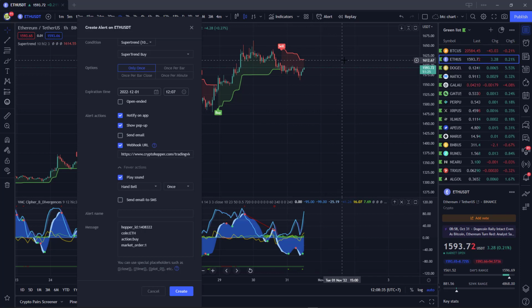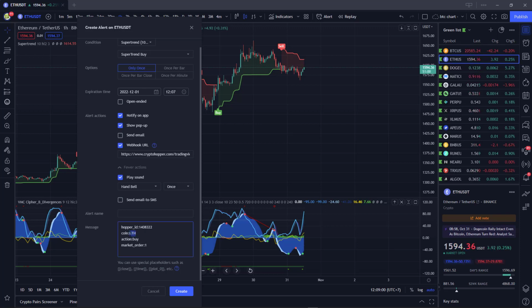Again, 16, 15-ish. It's got a fair bit of a pump to go. But yeah, we've got the green dot on the bottom, the momentum's coming up, the RSI is coming up, the VWAP and the money flow are coming up. Nice. Alright. So that would buy ETH, and that is what you would do for each different coin.